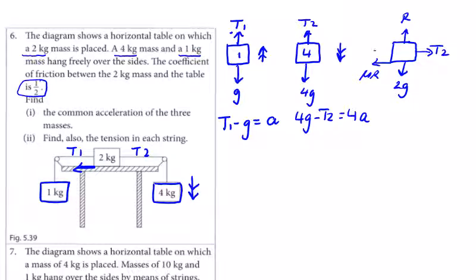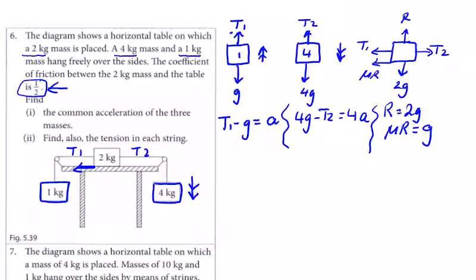We also have T1. So straight away I can say R is equal to 2g. So mu R is equal to 1/2 times 2g. Well, that's just going to be 2g divided by 2, which is g.